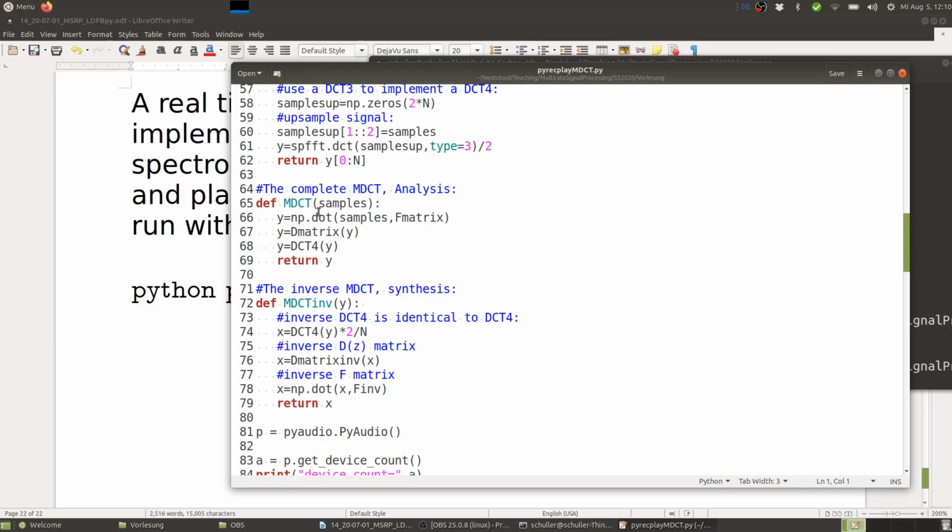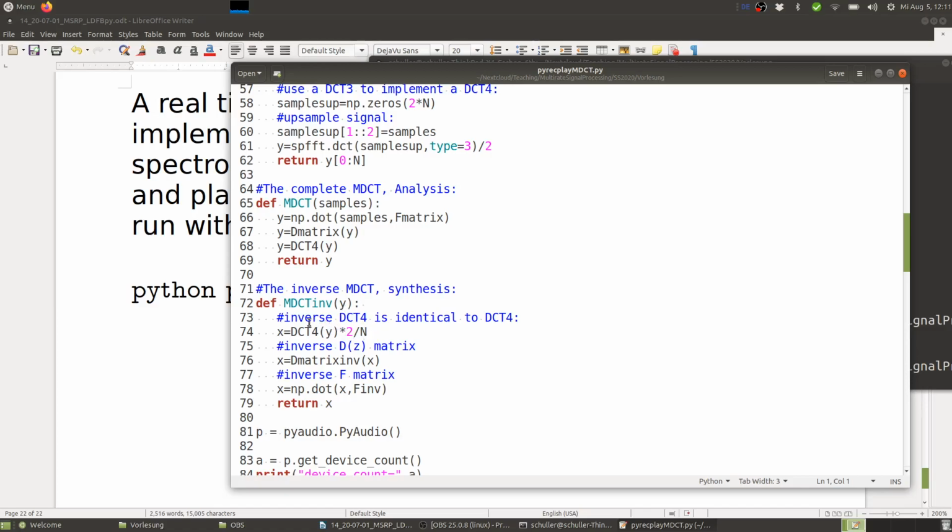And for the audio signal, you will continually call this MDCT function for each new arriving block from the sound card. Then in the decoder, you would apply this function MDCT inverse for the reconstruction, for the synthesis. For each block Y arriving from the analysis, you would call this function to reconstruct the original audio signal.